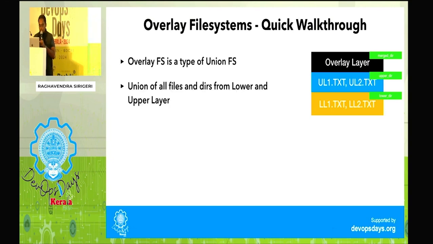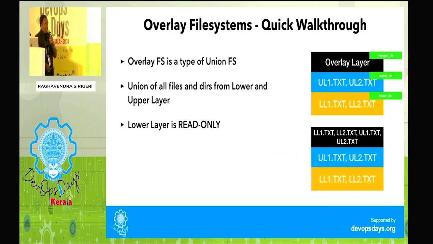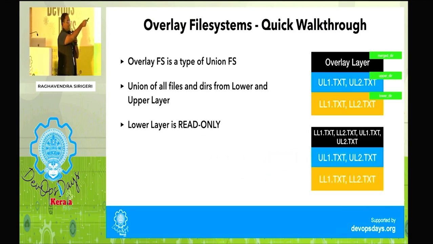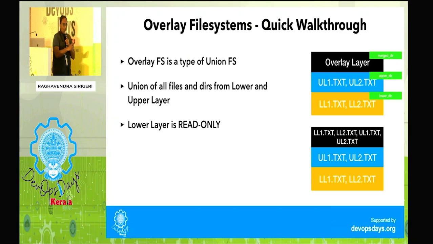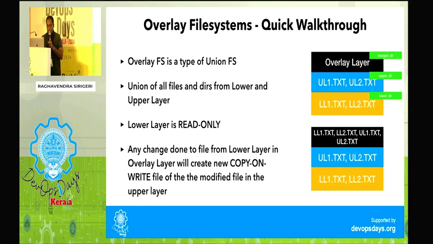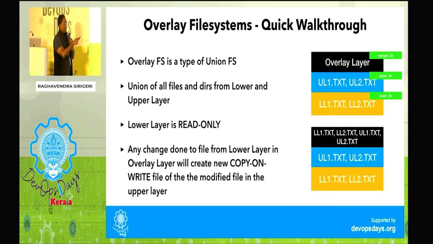Once I mount my overlay file system, I see a union of all these files there. One important point is the lower layer is read-only. Any change made to a file from the lower layer will create a copy-on-write file of the modified one in the upper layer. We'll look at this with a practical example as well.